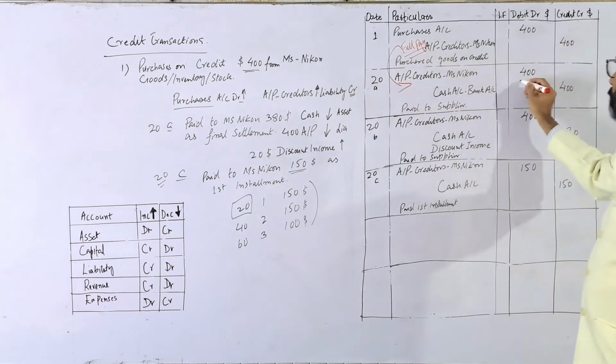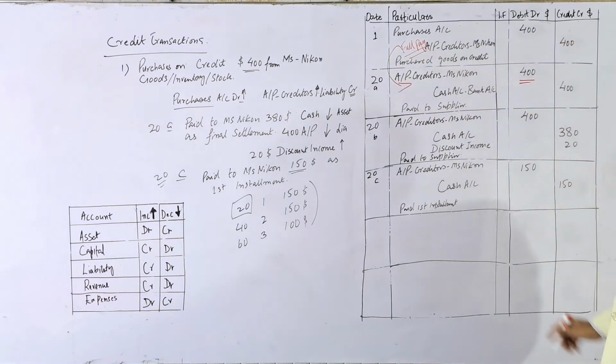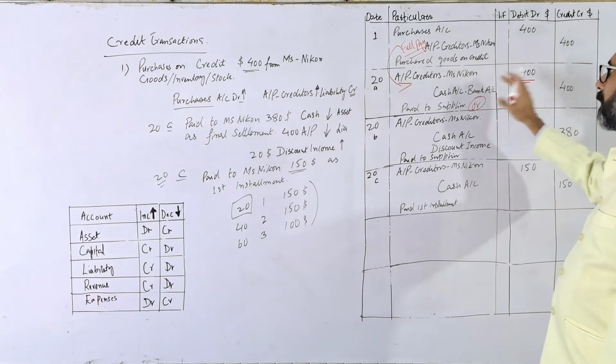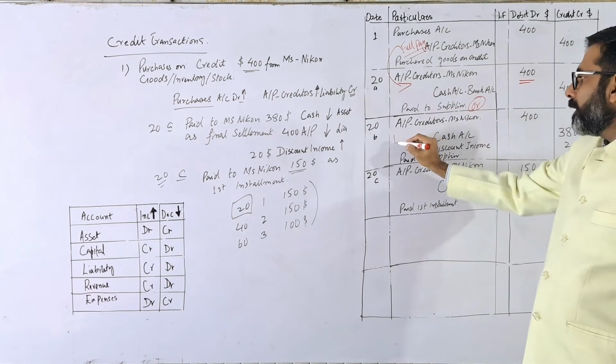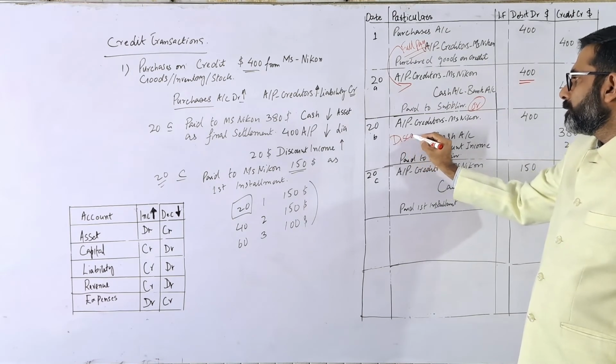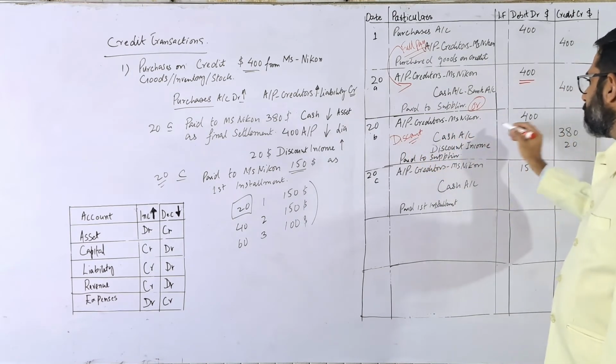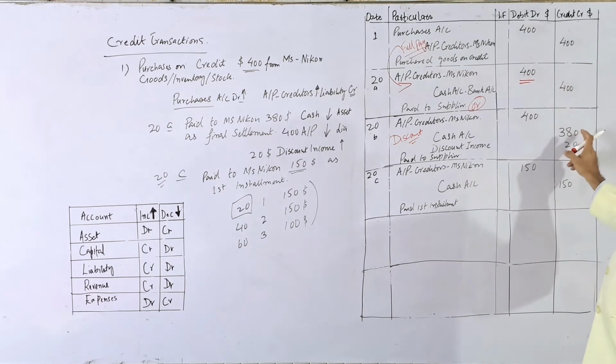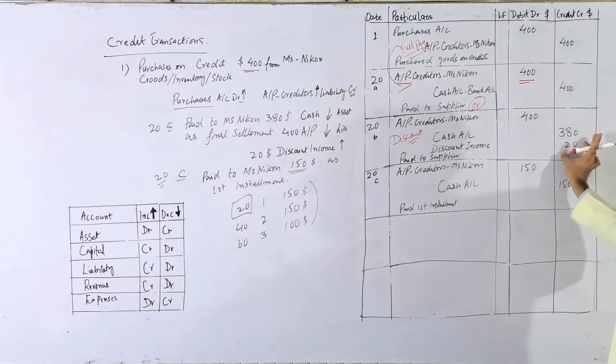How much? $400. Now, there is a possibility that you are not paying the full amount, you are getting some discount. So this is the second option. Instead of $400, you are paying only $380, and you are receiving a discount of $20.